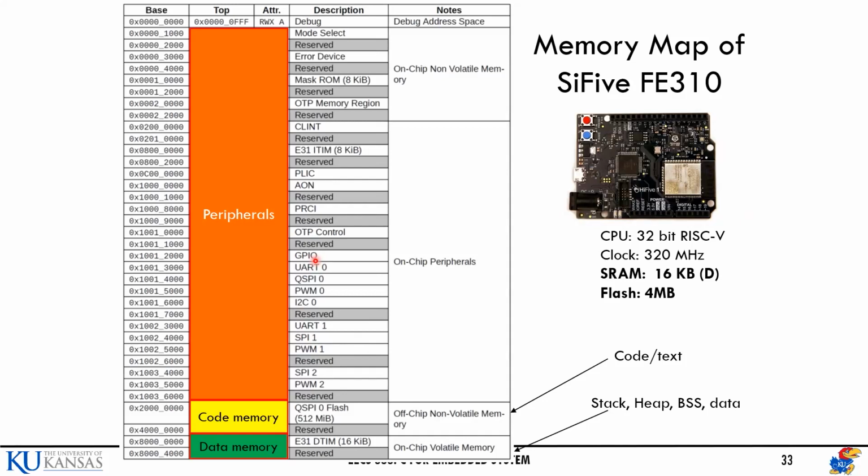Our embedded system is designed to run only one program, and if we want to run another program, we have to program it again, right? So when we program our microcontroller, our code section goes to this code memory, and the data section goes to the data memory, and we have these peripherals to talk with the external devices.